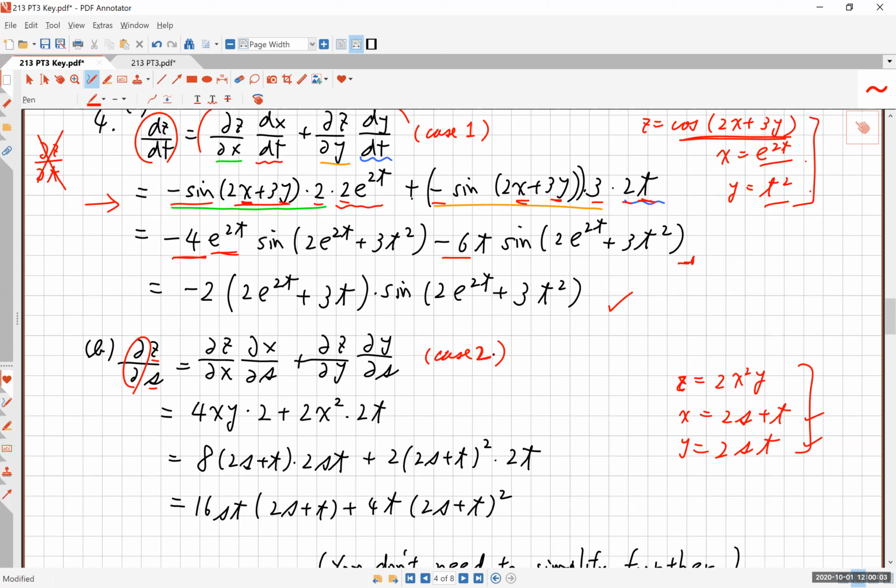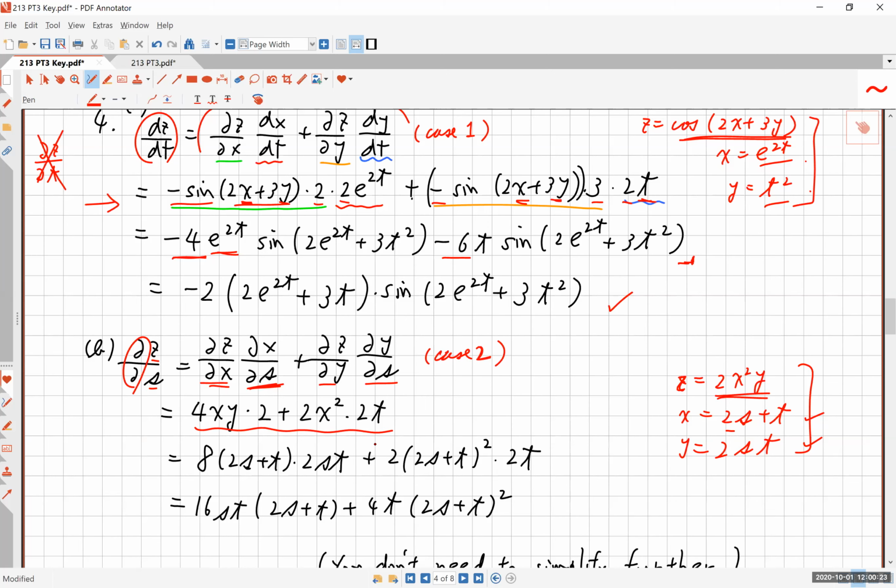All right, and so the partial of z with respect to x is, of course, 2 times 2x times y, that's 4xy. And then the partial of x with respect to s is, of course, 2, and so on. You plug in and you find all these 4 components and write them down.